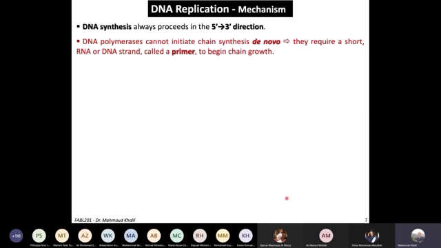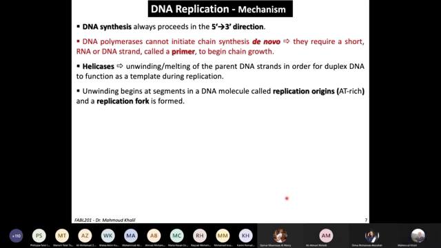They need a guidance enabling these DNA polymerases to sit on the DNA to do polymerization and replication. So they require a short RNA or DNA strand, which is called the primer, to begin the chain growth and replication. They need this guide, the primer, to tell the polymerase where to start the replication.